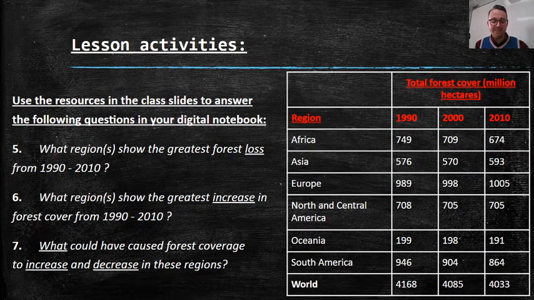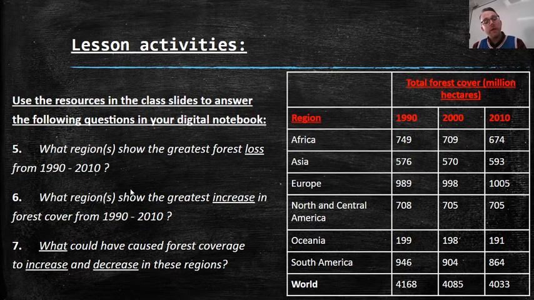Hectares is just a measurement for the amount of land. So in 1990, Africa had 749 million hectares, but then in 2000, they had 40 million less. So as that number goes down, you've got less forest. So I'm looking for the region that shows the greatest forest loss from 1990 to 2010. So going from big number to small number.